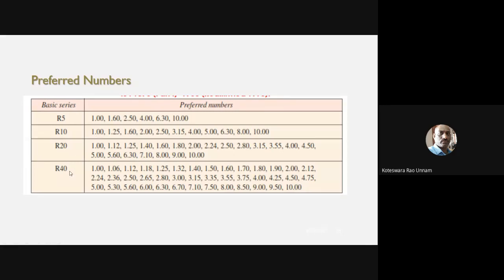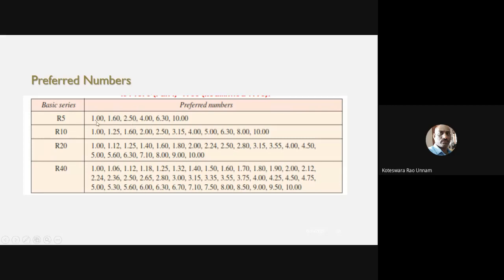Here 1 is the starting number, then 1 multiplied by 1.58 comes out as 1.58, but it is rounded to 1.6. Then 1.58 multiplied by 1.58, you will get 2 point something, which is rounded to 2.5. But don't take 1.6 and multiply it by 1.6 and then round it off. Don't do like that.